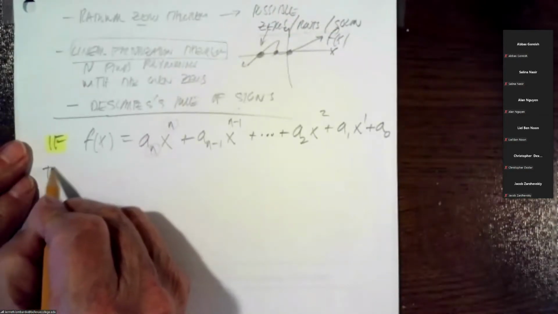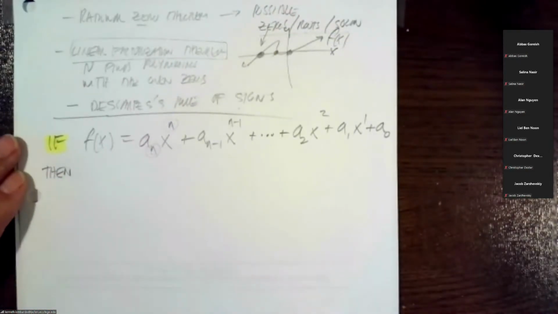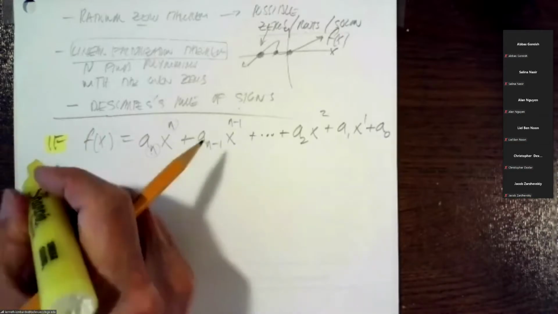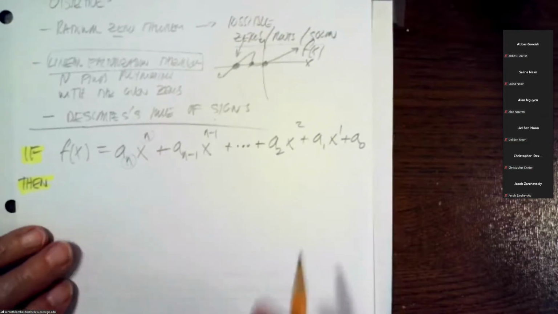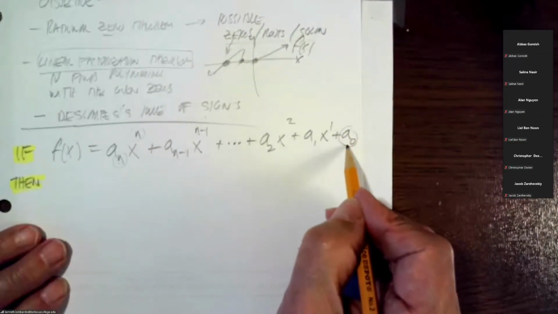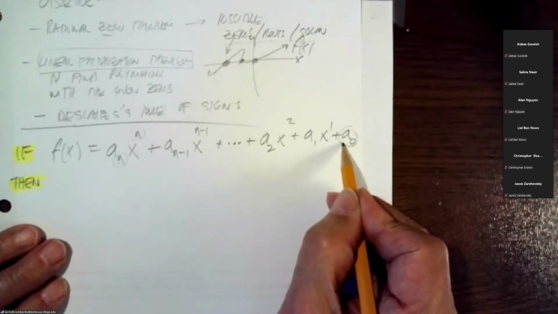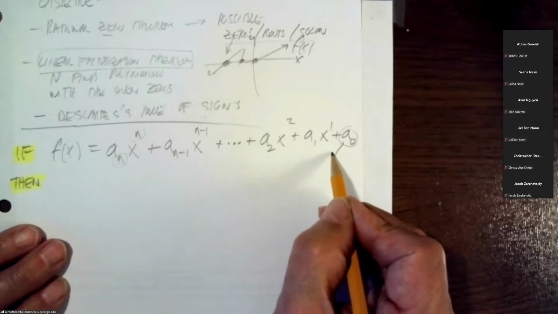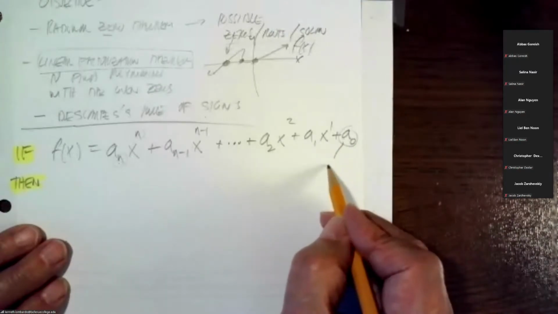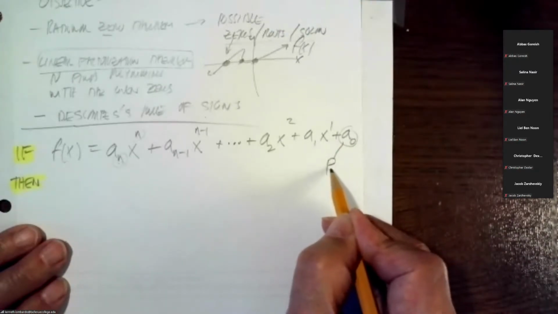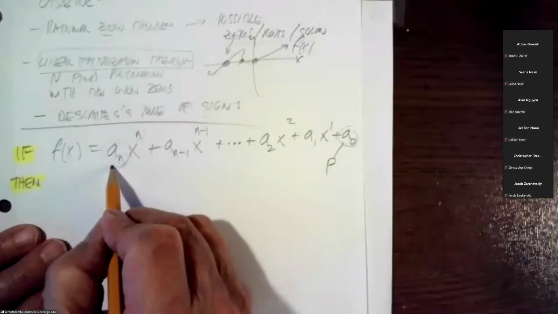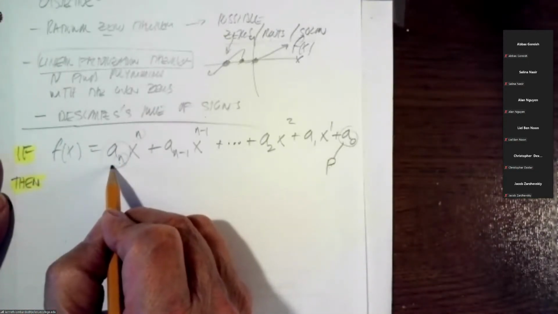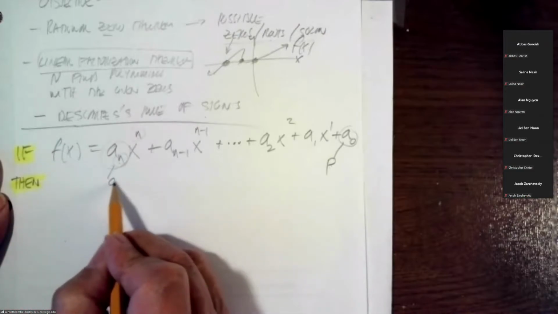This is an if-then situation. If we have that, then the factors of a sub 0, whatever a sub 0 is, we'll call those factors p, and the factors of the leading coefficient, we'll call those q.